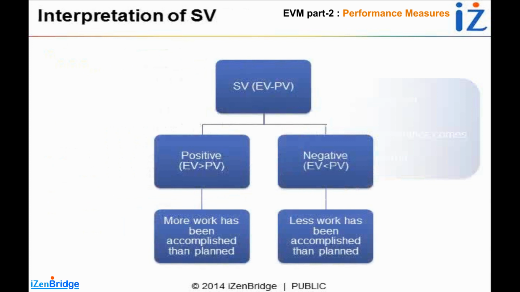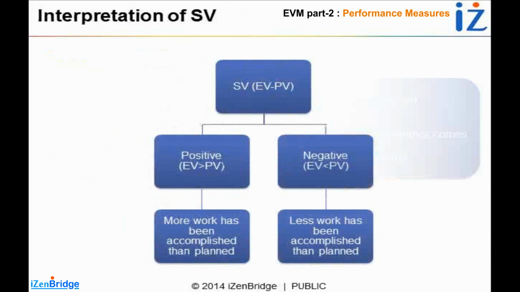How do we interpret schedule variance? If it's positive, it means it's good. We are earning more than planned. It means by the end of this month, I was expected to finish 40 units, but I have done 50 units. If I do more, I am earning more. It may be that you also have spent more money, but here we are not talking about actual cost.